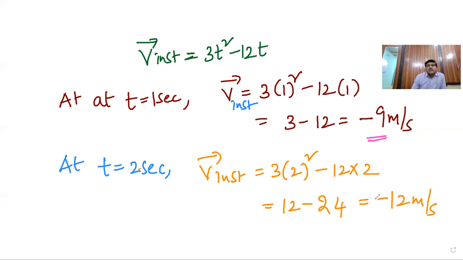Again, it is a vector quantity. The negative sign indicates reverse direction and 12 indicates magnitude. Is it clear? Those are the instantaneous velocities at a particular time, t is equal to 1 second and t is equal to 2 seconds. Okay.